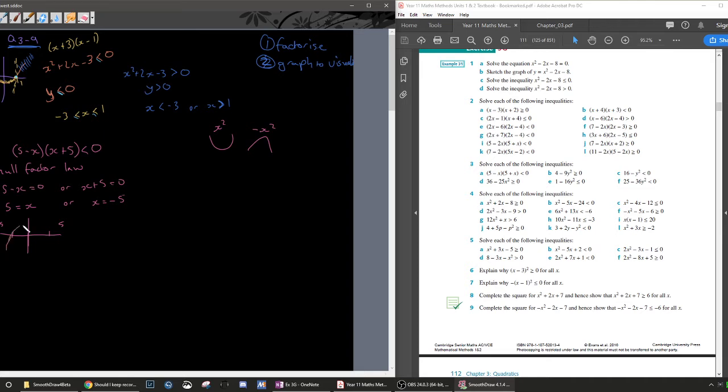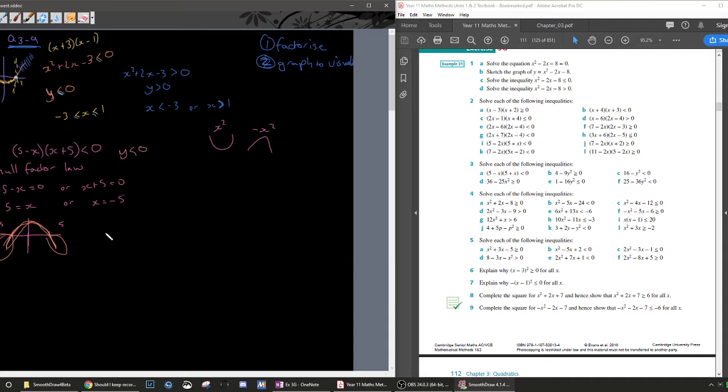So this graph is going to look something like that. Terrible drawing, sorry, on my tablet today. We want to know when this function is less than 0, so we care about this zone here and this zone here. That's when our y values are less than 0.